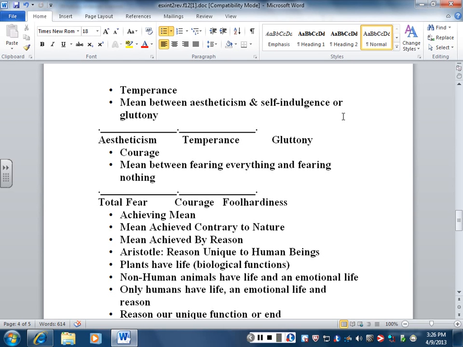So, in other words, what's our essential quality? Well, he says it can't be just having life. Plants have life. Non-human animals have life. It can't be just having biological functions. We share that with non-human animals and plants. It can't be just having an emotional life, because while plants may not have an emotional life, non-human animals do. So that can't be what makes us unique as human beings. What does make us unique?